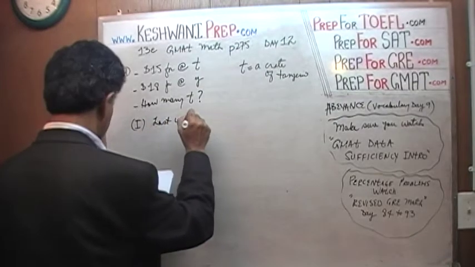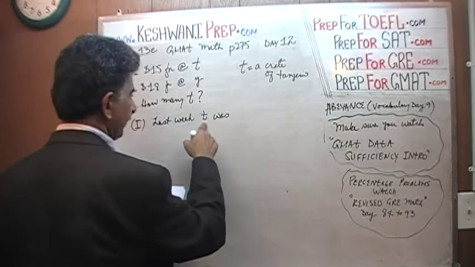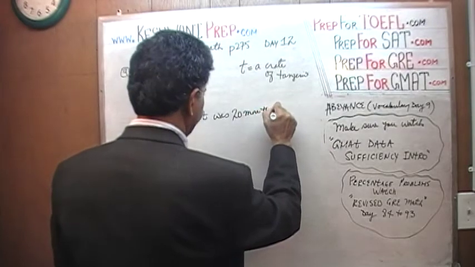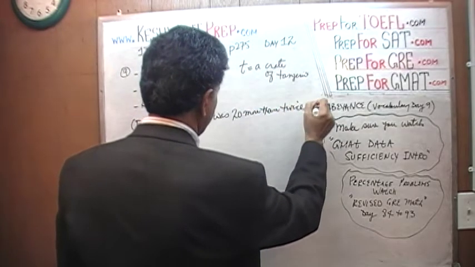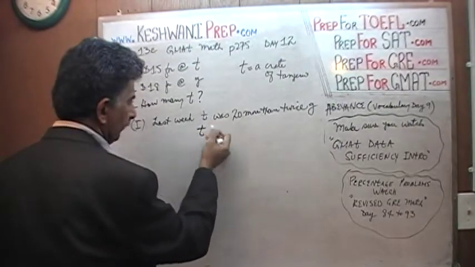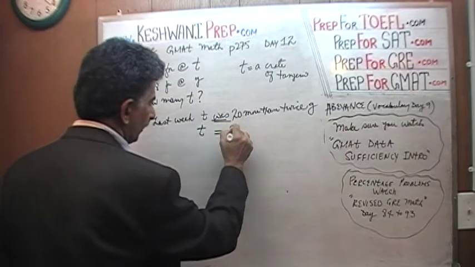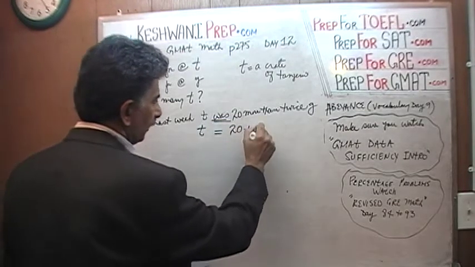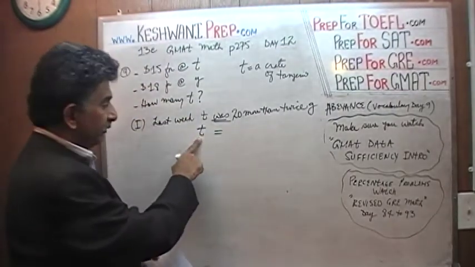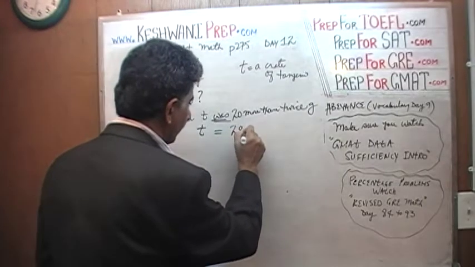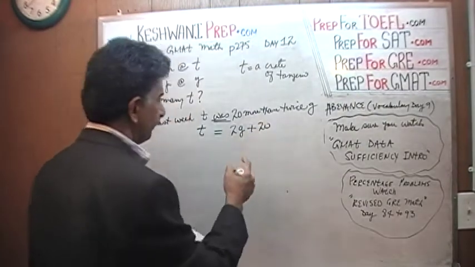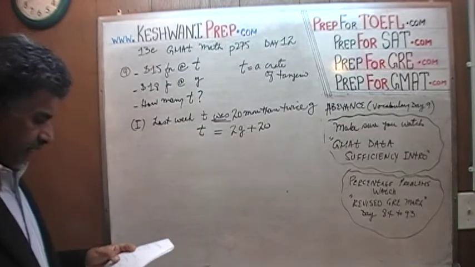Last week T, the number of crates of tangerine that he shipped, was 20 more than twice grapefruit. And there is our equation: T equals 2 times G plus 20. That's all we have.